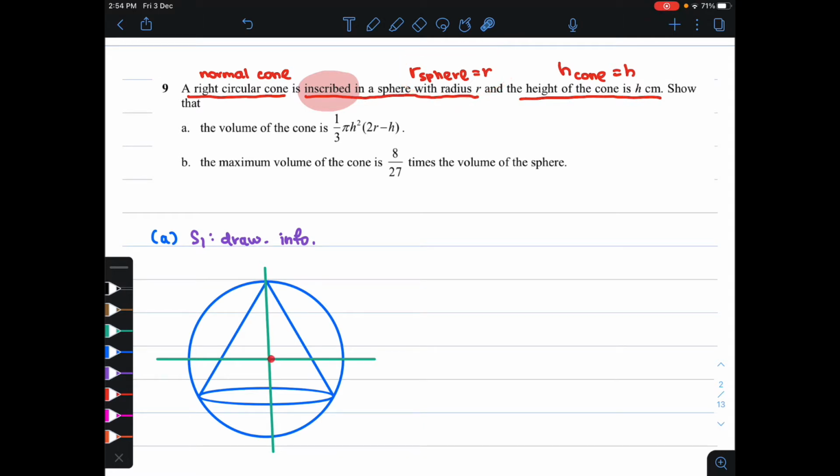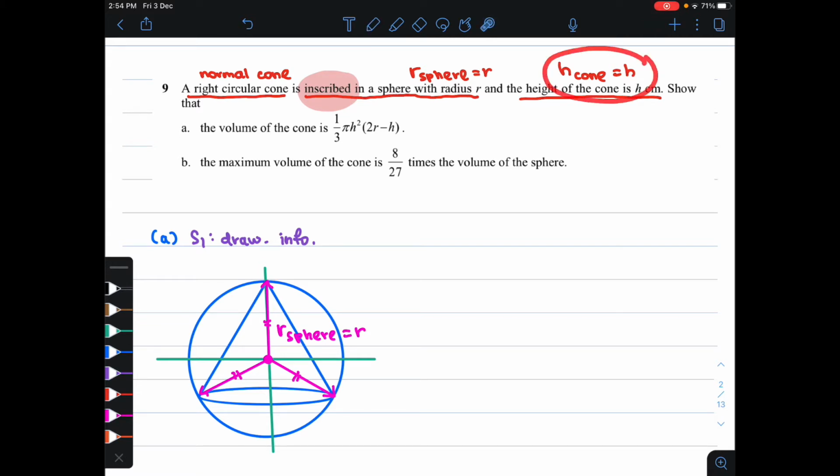So, radius of sphere maksudnya pada tengah-tengah, dia sentuh kamu punya sphere. Okay, so memandangkan kita ada cone, kamu kena faham ini adalah radius of sphere, ini pun adalah radius of sphere, ini pun adalah radius of sphere. Okay, so semua benda ni panjang dia sama. Dan radius of sphere is r.